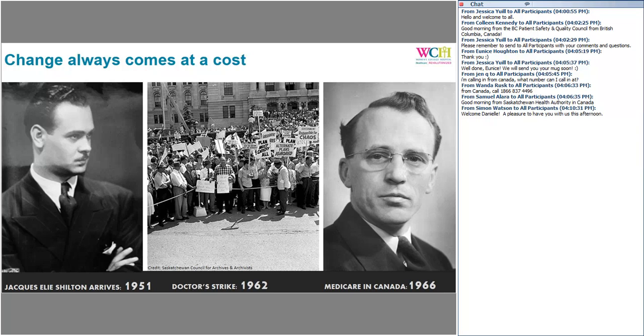And yet Medicare remains in Canada by far the most popular and the most culturally defining social program of the nation.